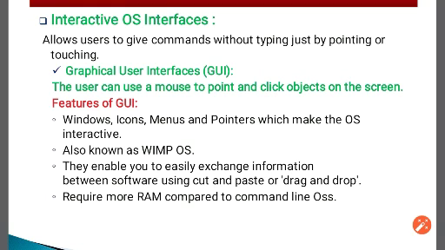We also call GUI, that is graphical user interface, a WIMP operating system. Why are we calling it WIMP? You can just focus here. W for windows, I for icons, M for menus and P for pointers, and that becomes WIMP.